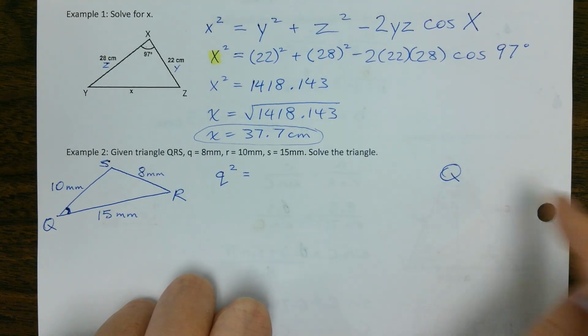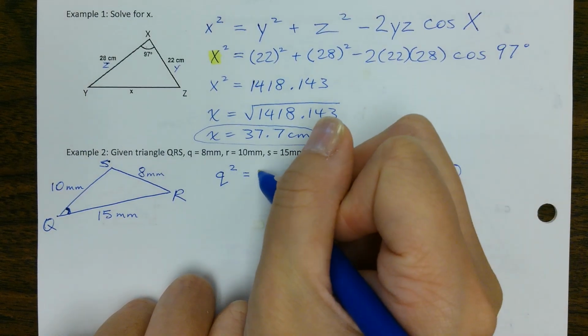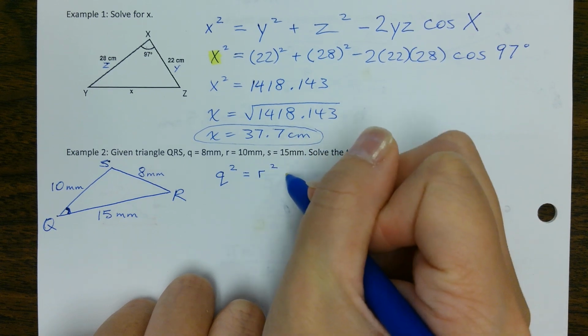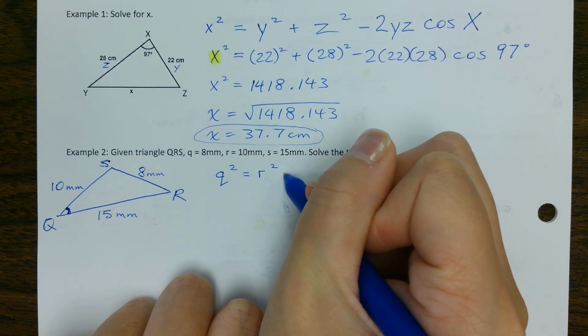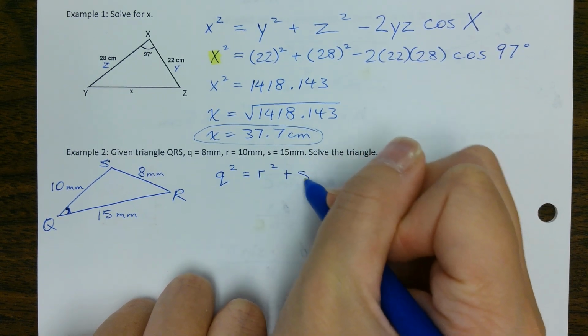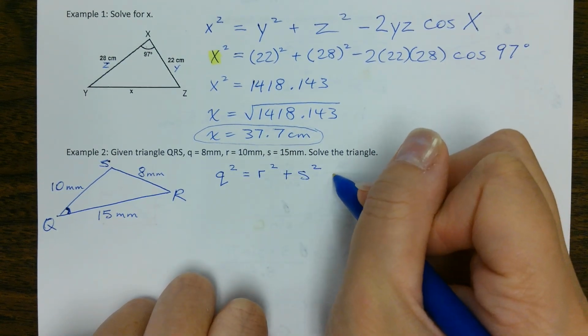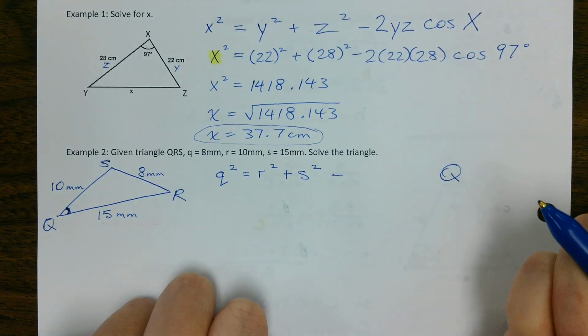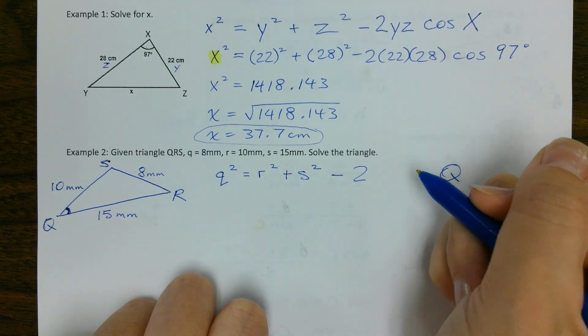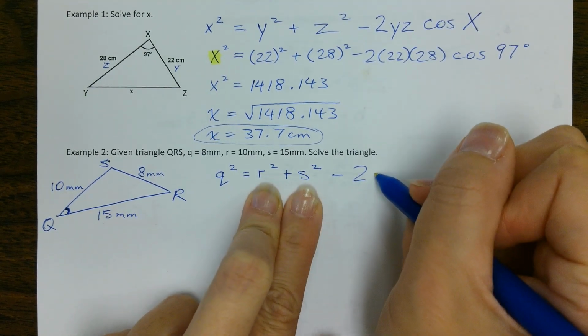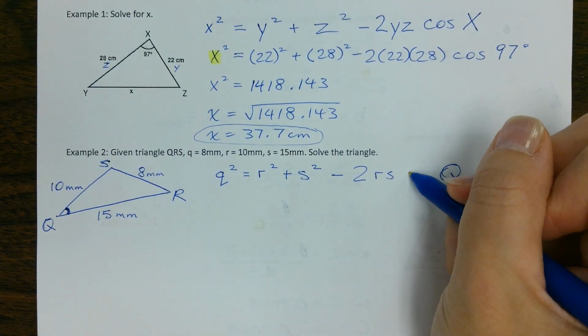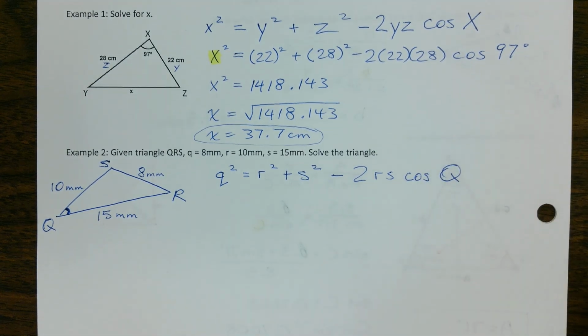No, the letters. I want the actual letters. Like R squared plus. Good. Minus. Cosine. Yeah, that's it. Okay.